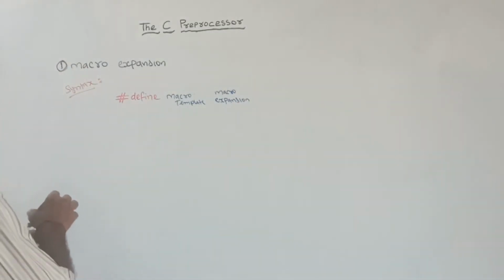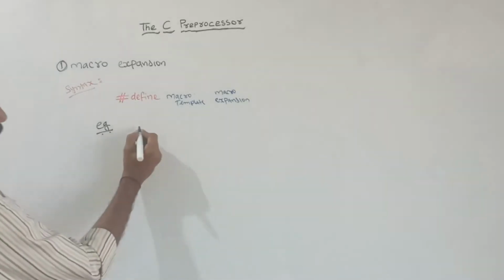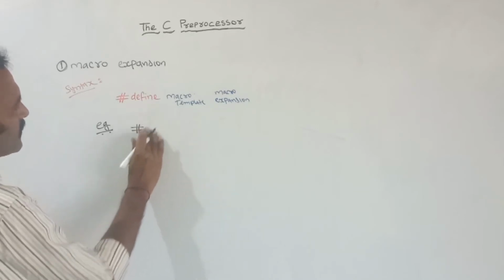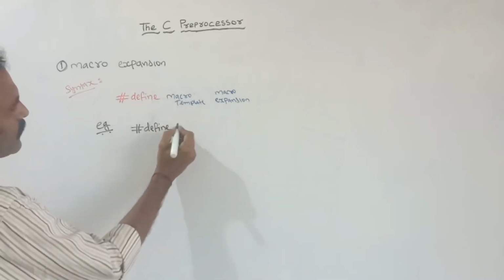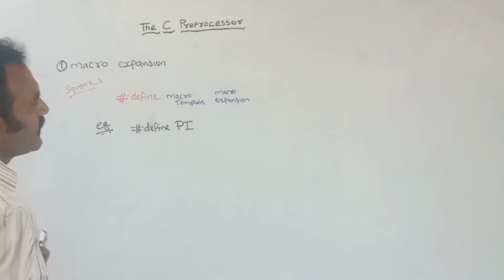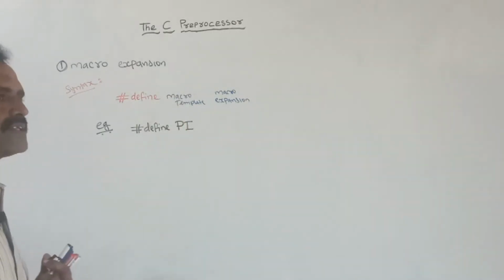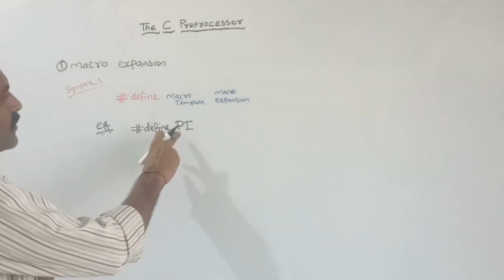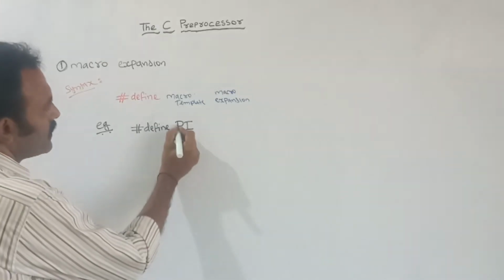For example, #define, first the # symbol, after that define, then the macro template. Suppose I am using PI. If you use capital letters, it will be very easy. It accepts any case, it is not case sensitive, but for macros we mostly use capital letters. Here PI is the pi value.